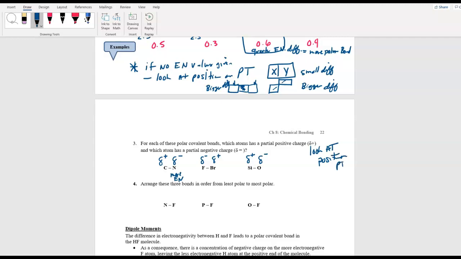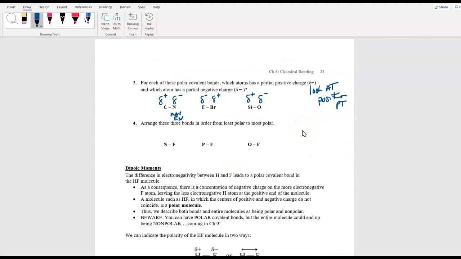on the periodic table. Could you arrange the following from least polar to most polar? Okay, so they all have fluorine in common, but where are these elements? Okay, I'm not even going to look at values. So on the periodic table, I got fluorine that sits right here.